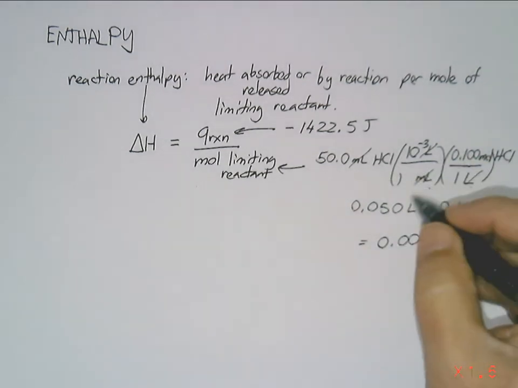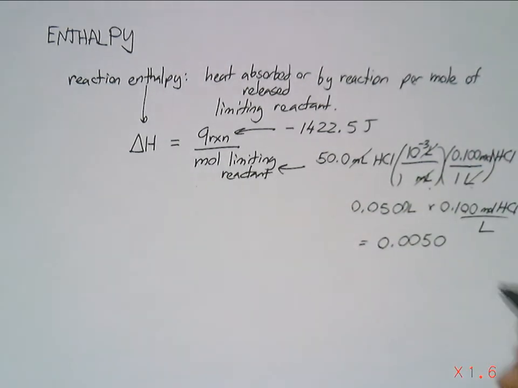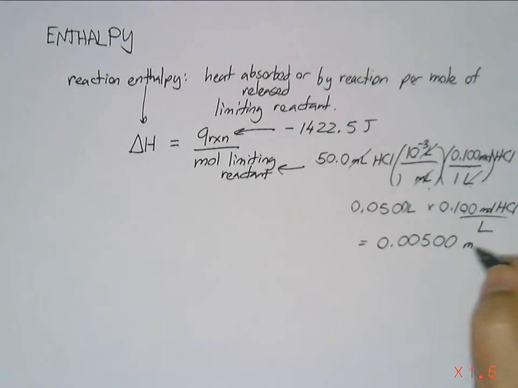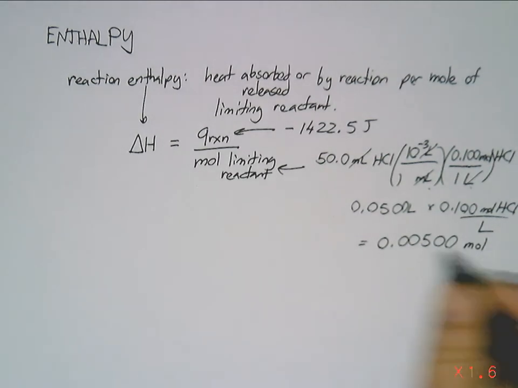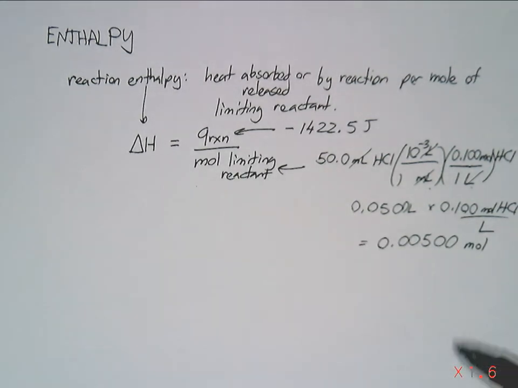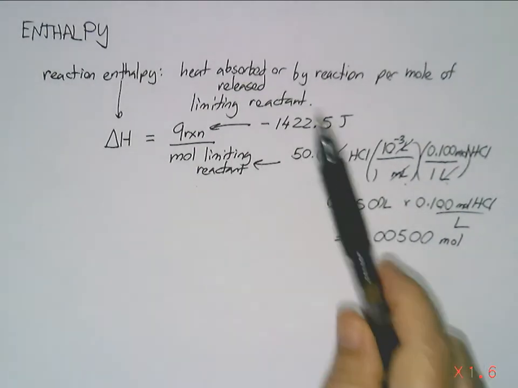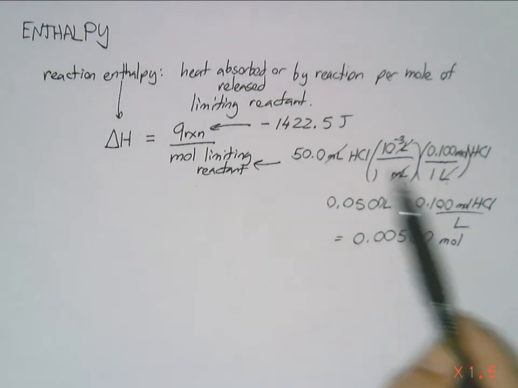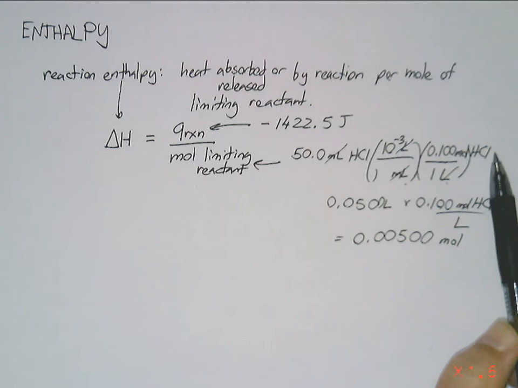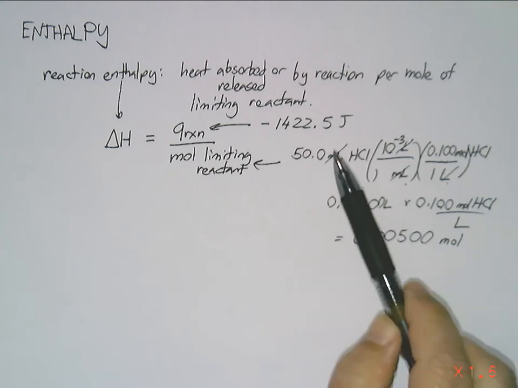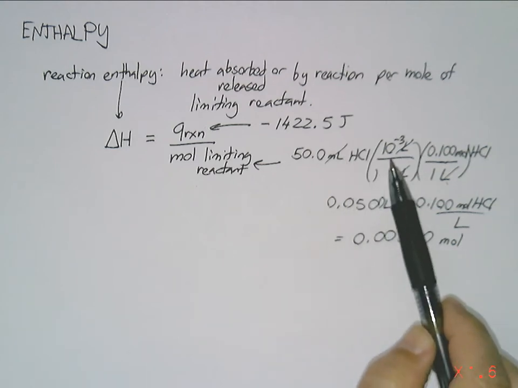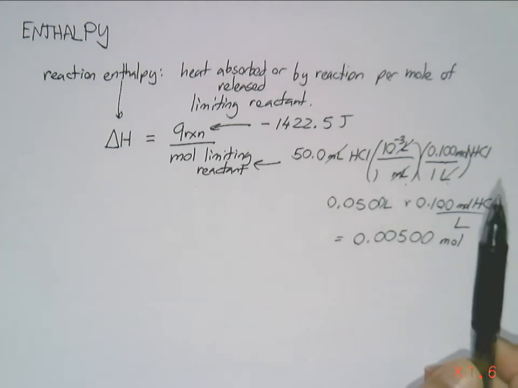Let me see, here I should have kept that like that, because I have 3 significant figures. So that's how many moles of limiting reactant I've got. Now what did I do again here? I took the volume of solution times the concentration to get moles. And if the volume was given to me in milliliters, I have to turn it into liters first. So that's all I had to do.